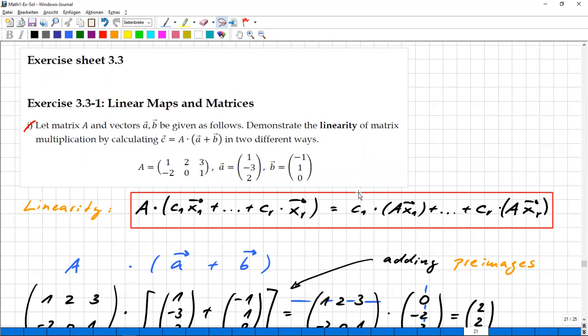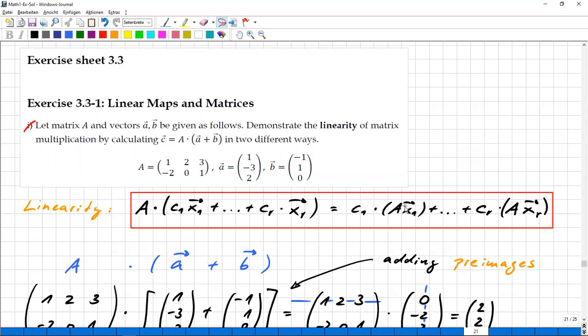It means what's put here in general form: if you apply the matrix to a linear combination of vectors, the result is the same as if you scale afterwards and apply the matrix to all these single vectors step by step, and then build the vectorial sum.